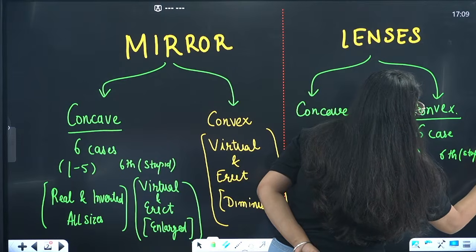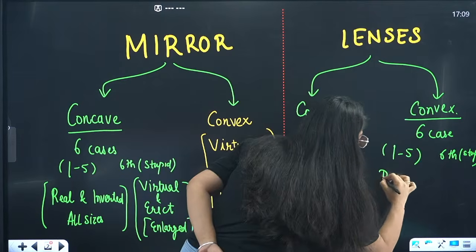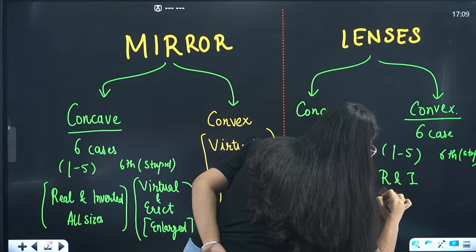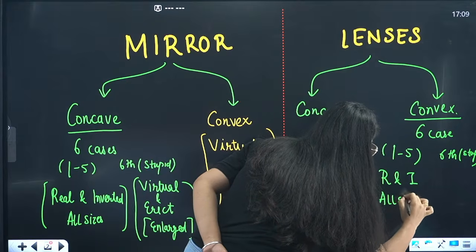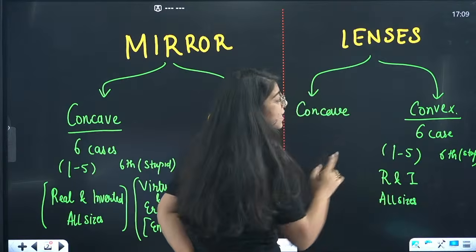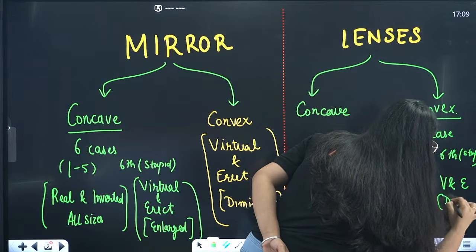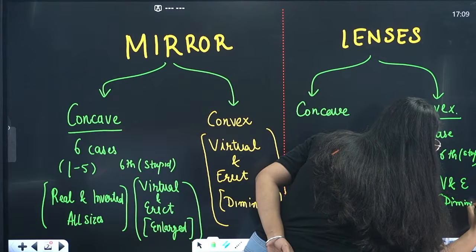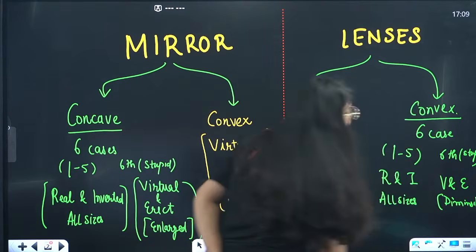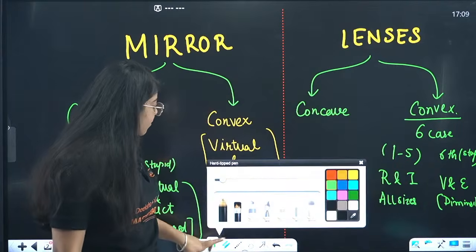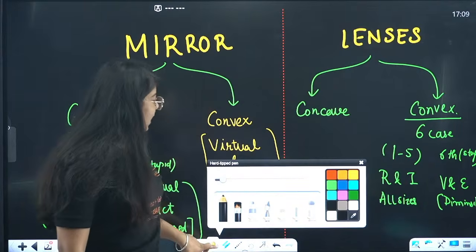In this we have real and inverted images of all sizes, and in the 6th case we have a virtual and erect image that is diminished. And then convex mirror will be similar to the concave lens.